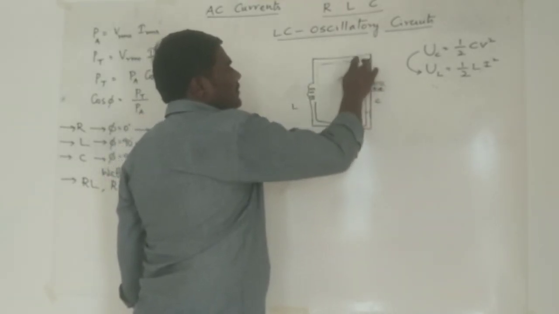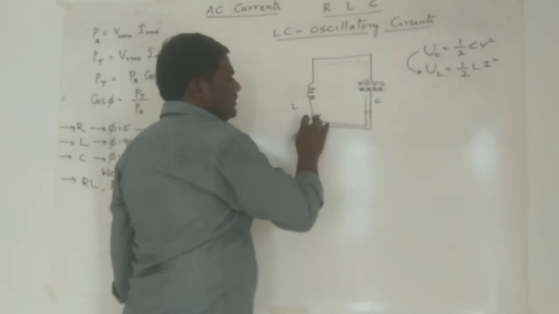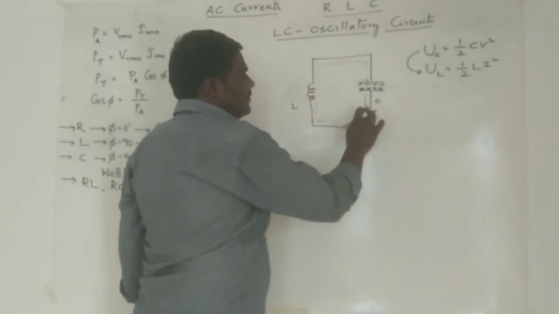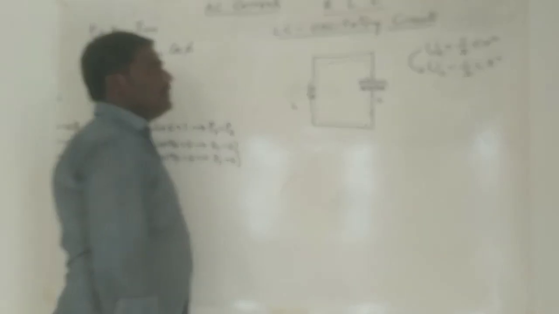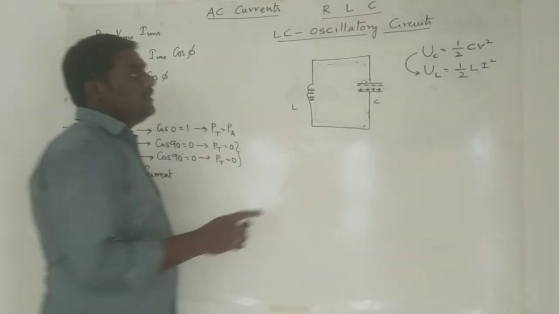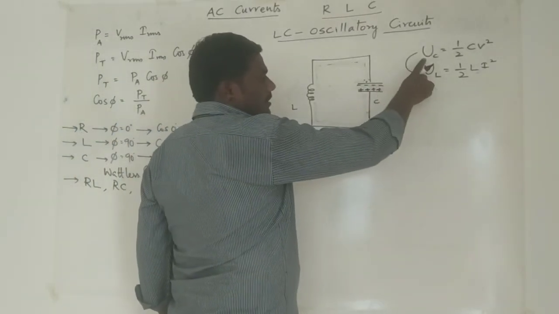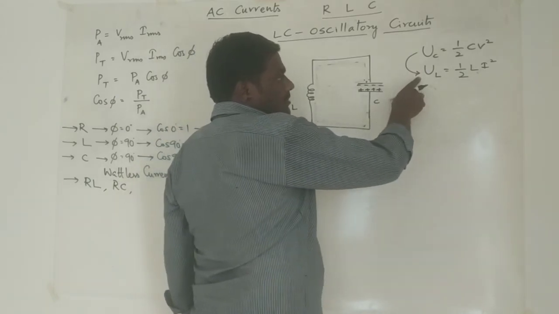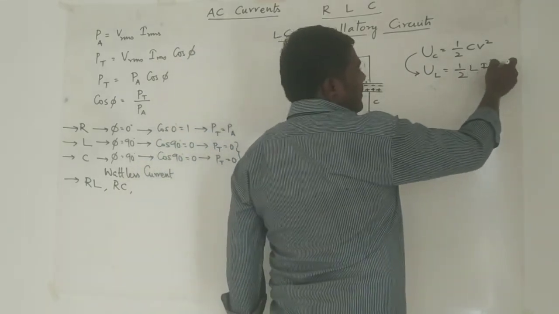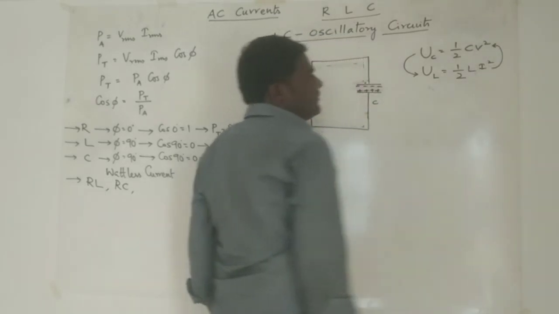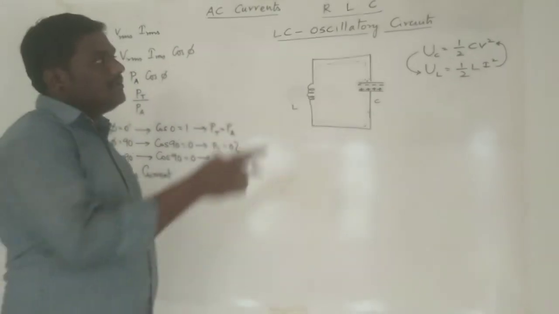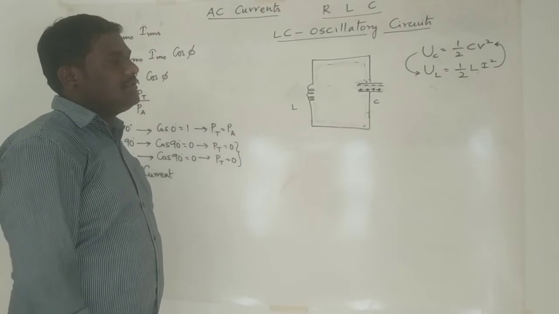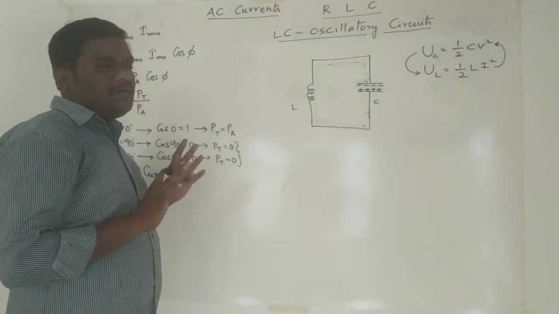So now if you erase all these things, you will get one conclusion that initially there was electrostatic energy, that energy got converted into magnetic energy, and further magnetic energy converted into electric energy. So in this whole process, energy never got wasted.